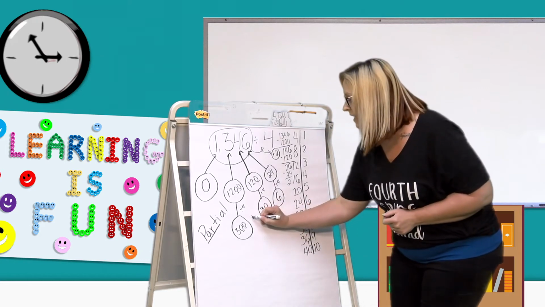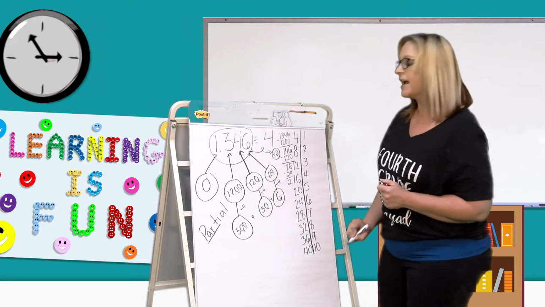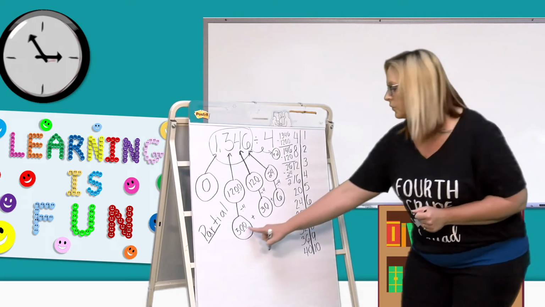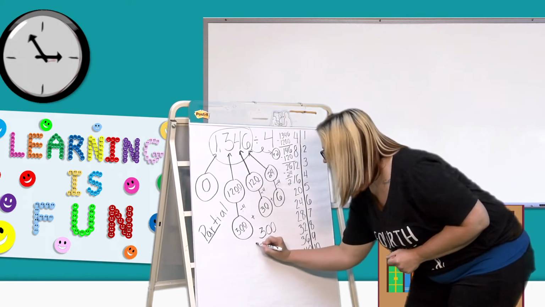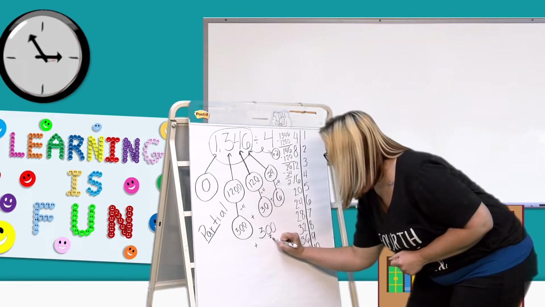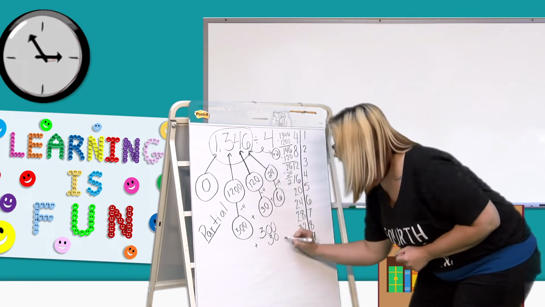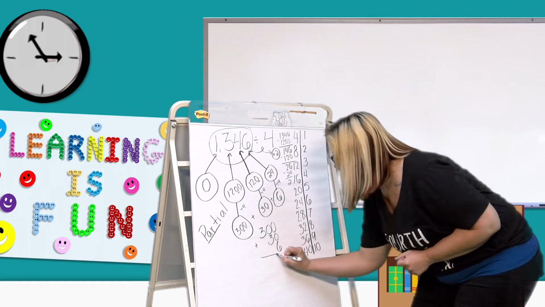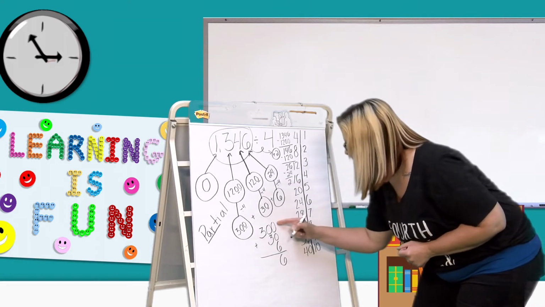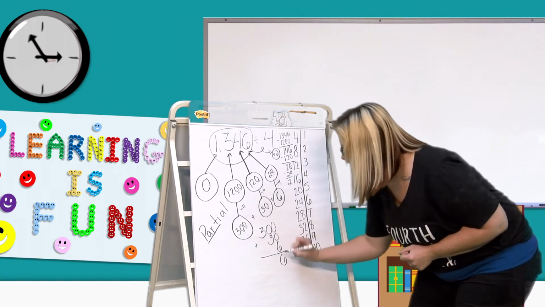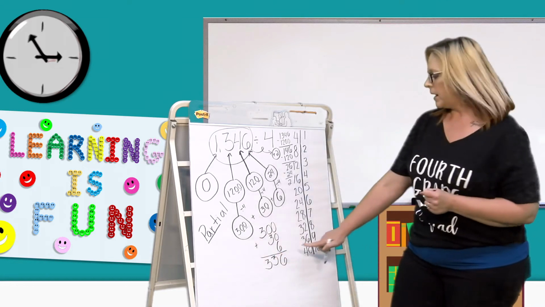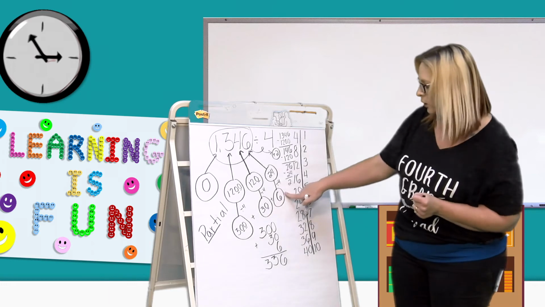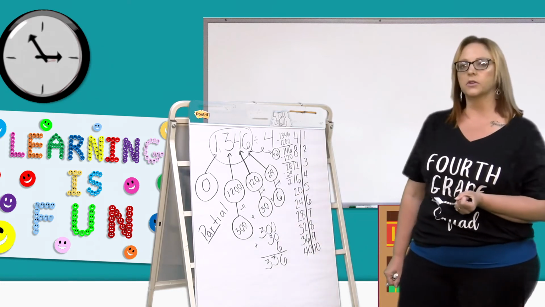So now I take these partial quotients and I add them together. 300 plus 30 plus 6. My quotient, these partial quotients gave me 336.